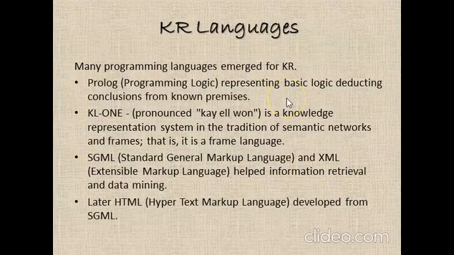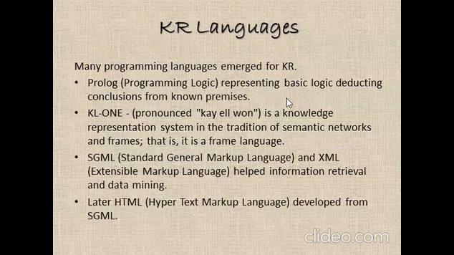In earlier classes, we have seen different types of knowledge representation like logic representation pertaining to predicate logic or first order logic, then semantic network, frame representation, and rule-based representation. Associated with these knowledge representations, we should have different programming languages. Why?